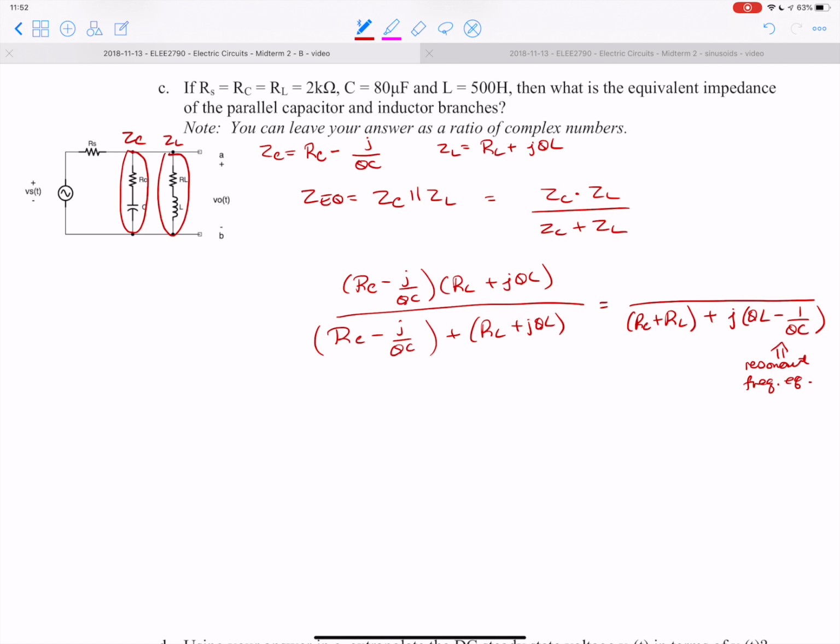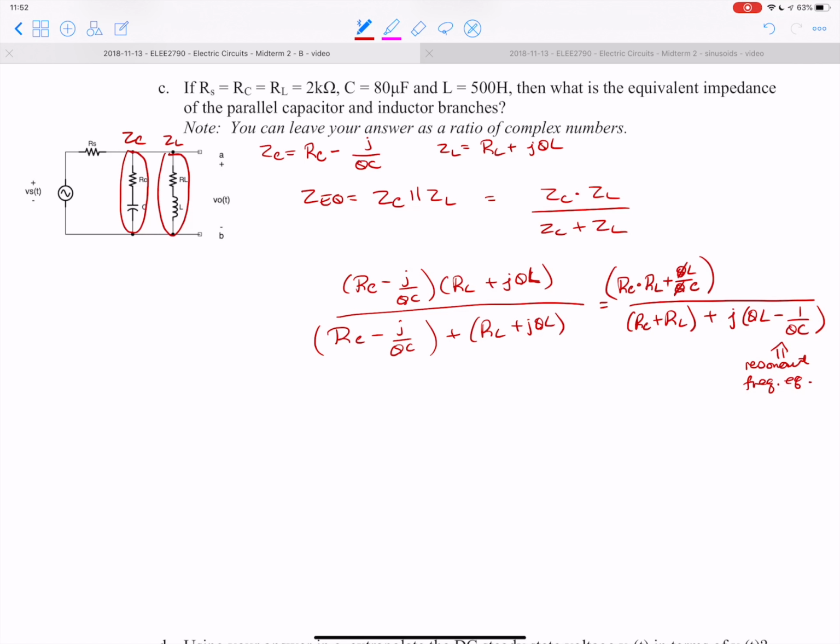Working with the top, first we multiply the real parts, so we're going to have RC times RL. Then we work with the imaginary parts, so j omega C times j omega L. We notice that when we multiply those two together, we're going to have negative j squared. Negative j squared gives us a plus value, and omega L over omega C, notice that the frequency is actually going to disappear out of there.